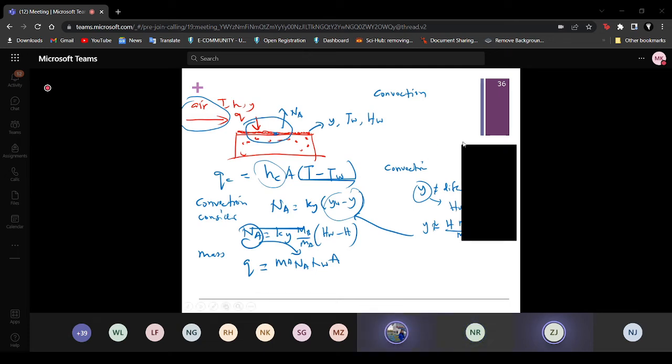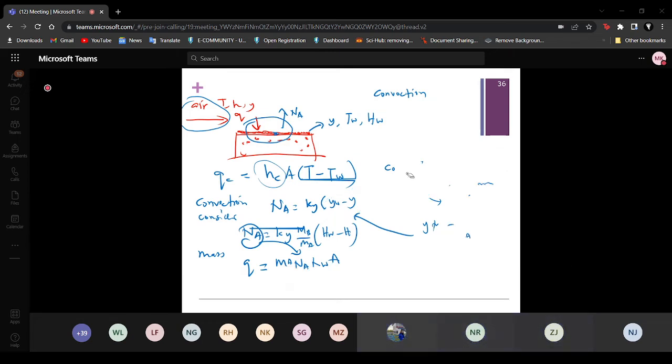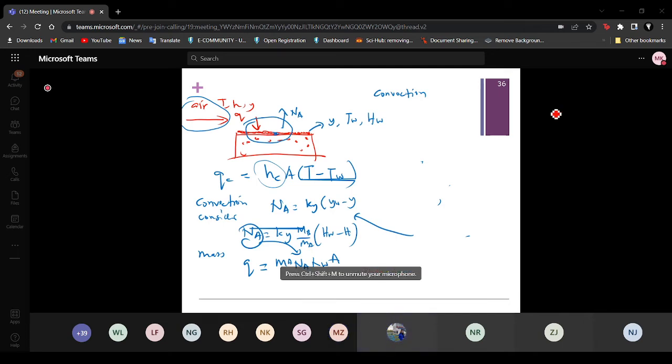Later on you need to equalize the heat by convection with the heat of mass transfer. They must be the same when they reach equilibrium. Heat due to mass transfer and heat due to convection must be the same finally.